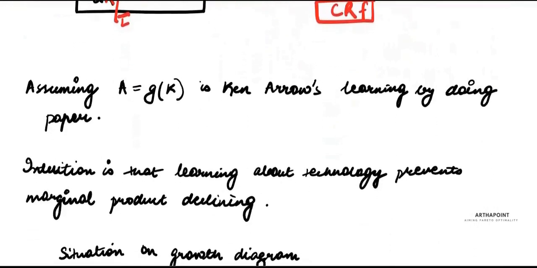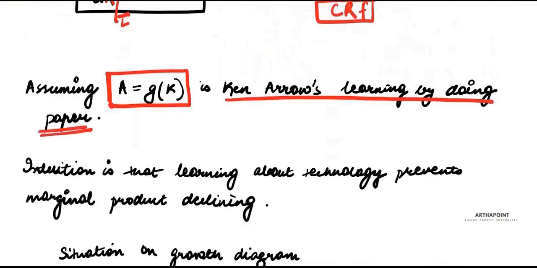So assuming A, technology, as a function of capital is Kenneth Arrow's learning by doing idea. You keep learning, you keep investing in the right set of innovations, you learn from it, and that leads to a better technology.